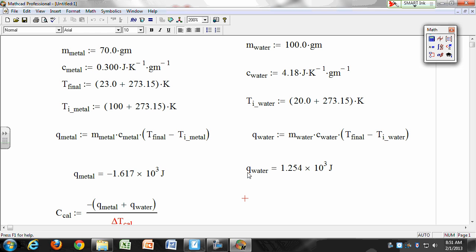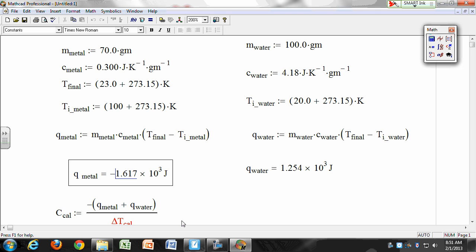Okay, do these numbers make sense? Negative 1600 for metal, positive 1200 for water, just approximately. Positive 1300. So water gained heat, heat flowed into the water, so you can see your Q water is positive, right? And Q metal is negative.